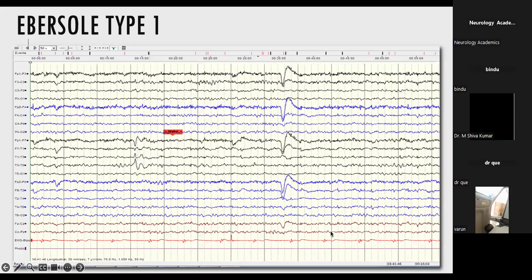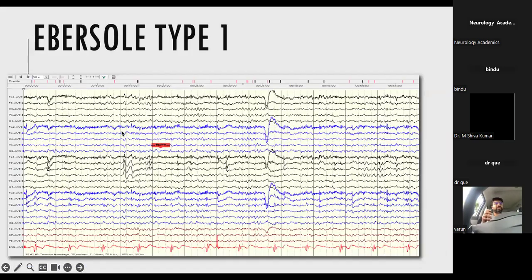Here in this EEG, we can see the Ebersole type 1 spike in the left anterior temporal region. We can see the phase reversal at F7T1, with the corresponding peak voltage at T1 and also positivity in the centroparietal area, the downward deflecting positive waves, in the contralateral centroparietal area.